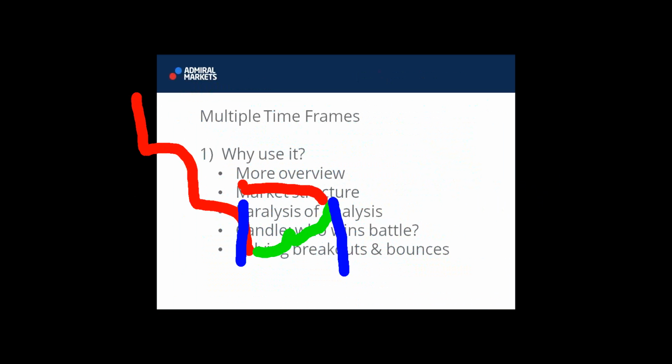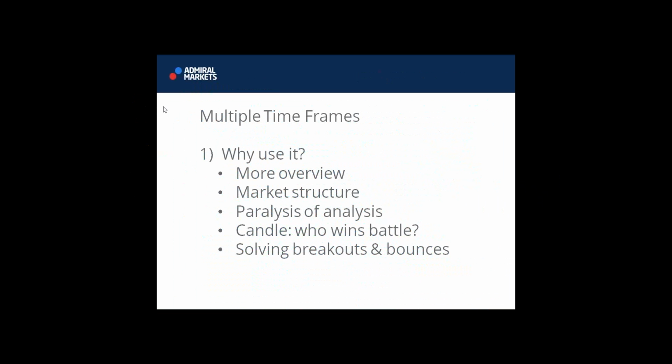But if we look left on the daily chart, we see a key level, and it actually turns out to be a very bad setup. So with multiple time frame analysis, we see more parts of the market structure, have more information, and can hopefully be wiser when making trading decisions.